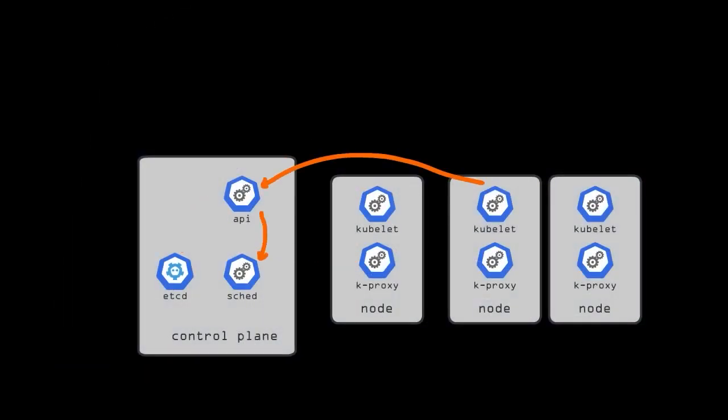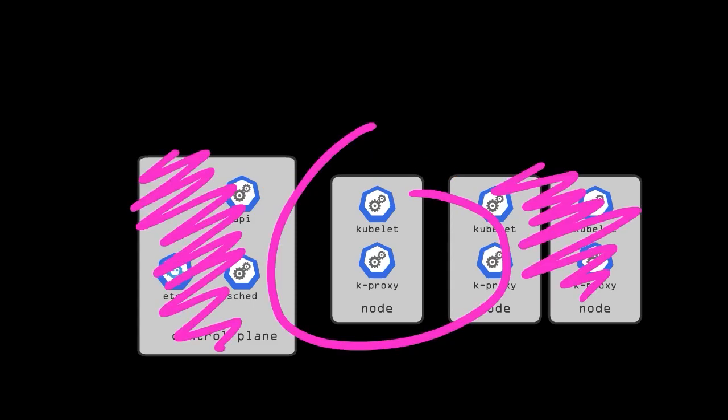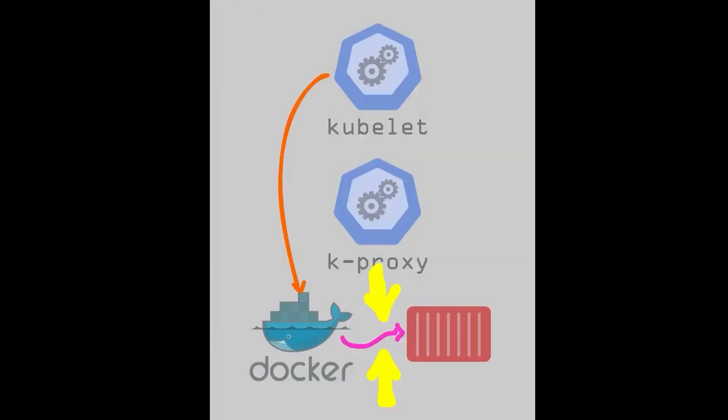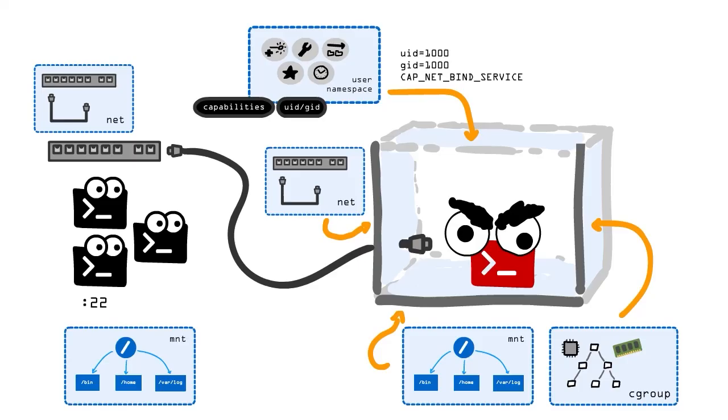Previously, they used Docker and talked to Docker in order to create and manage the containers. But now the kubelet talks to CRI-O to manage the containers, and this launches runC. And this configures all the namespaces, the control groups, and the little things that are necessary to create a container. So now you know all the things to create your own program to create a container.